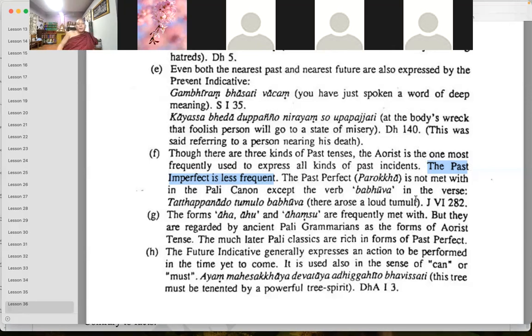In Sanskrit, the perfect is very common, the imperfect is also used, while the aorist is rare. But in Pali, the aorist is quite common. So in this way, those are already okay.